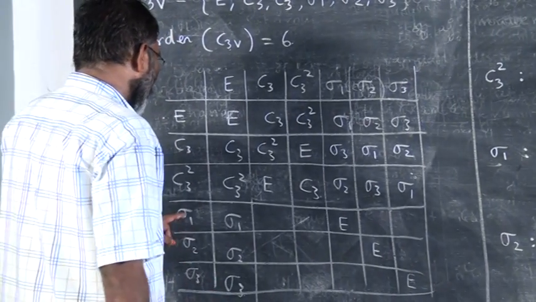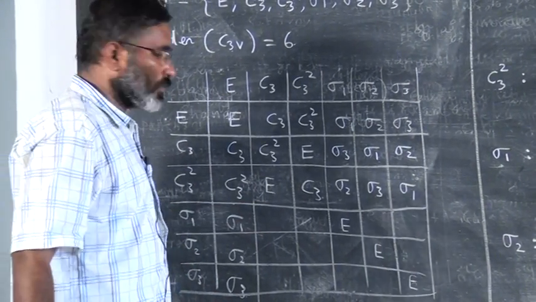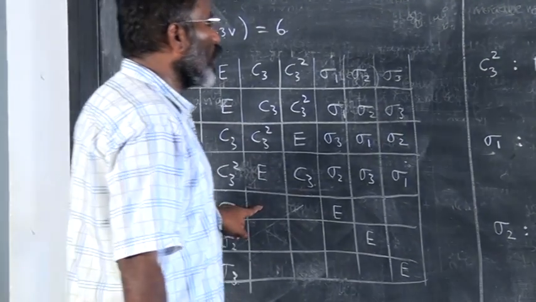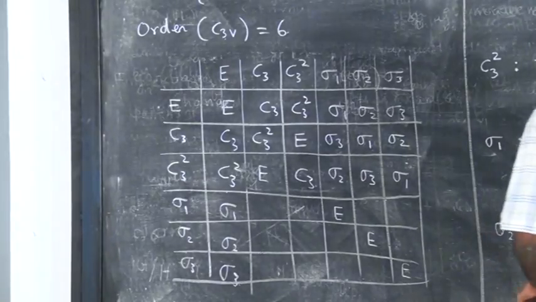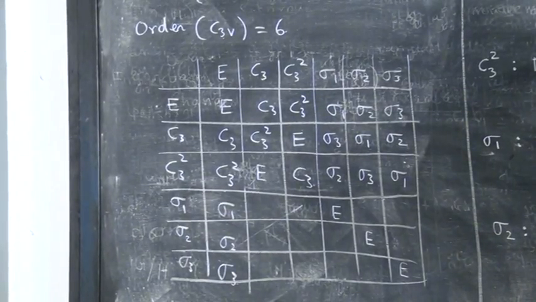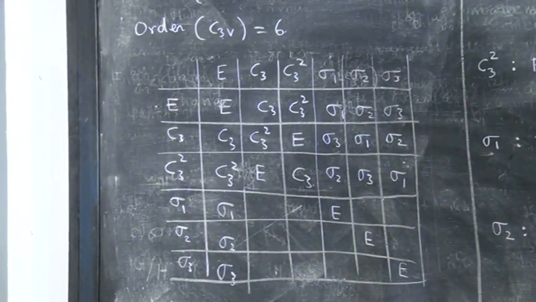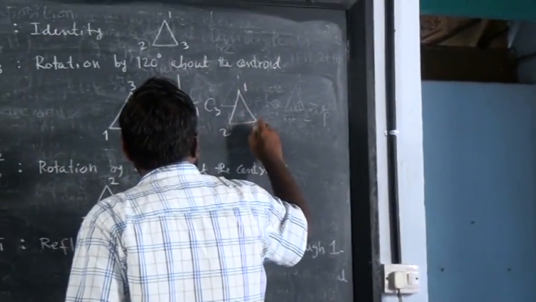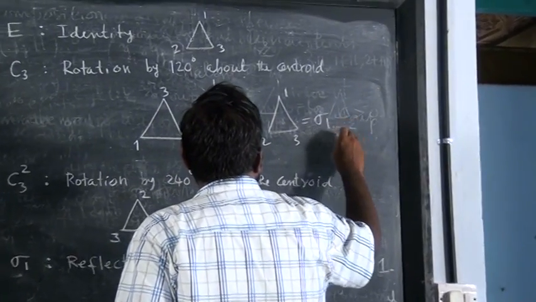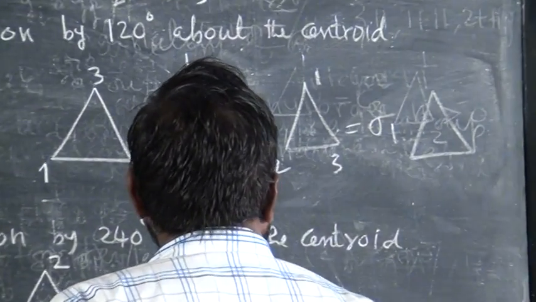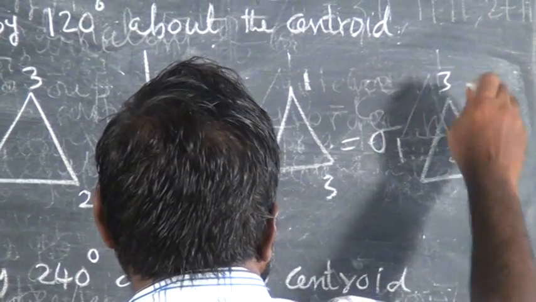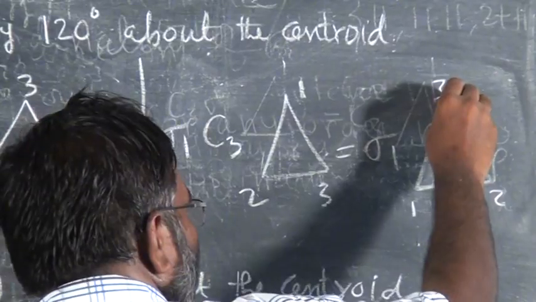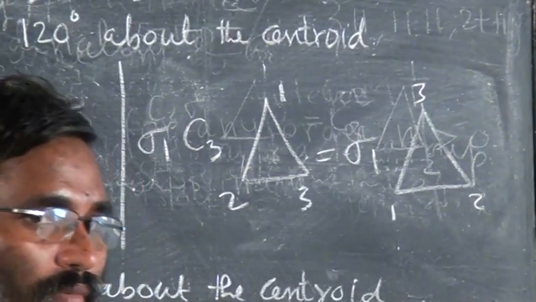Now, I ask what is sigma 1 C3. So, sigma 1 C3 of 1 2 3 is equal to sigma 1 of 3 1 2. But remember, when you are putting the sigma 1, you must keep the mirror here only.